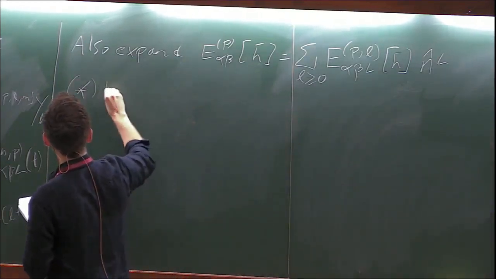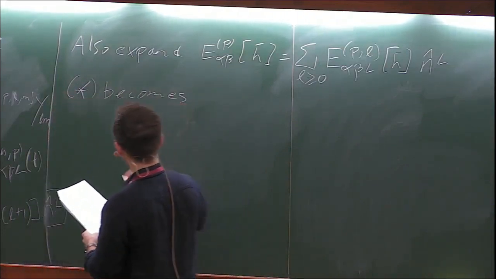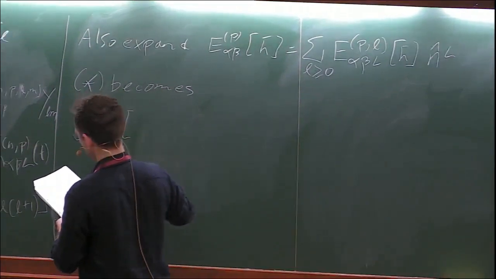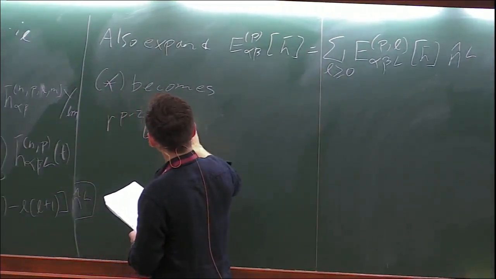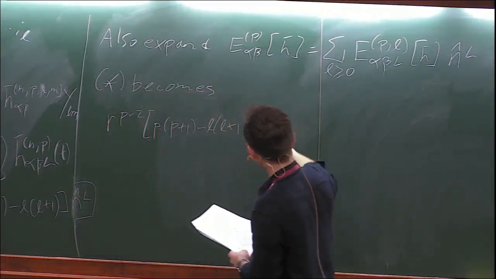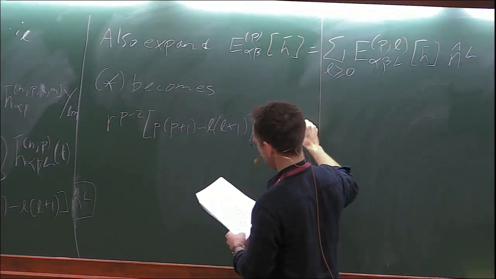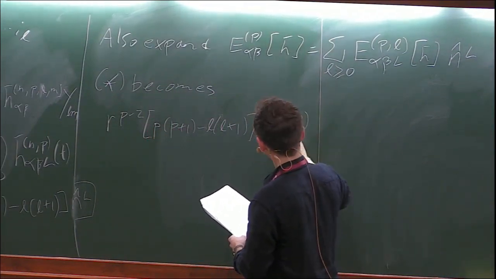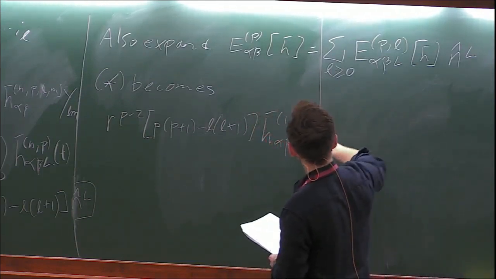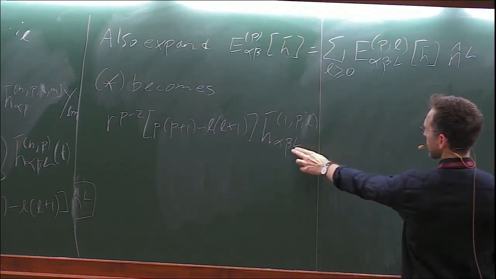Star becomes just an algebraic equation, r to the p minus 2, p plus 1 minus l(l+1), h bar 1 p alpha beta L. Actually, this gets a bit confusing if L is 0, because then you don't have an index here.